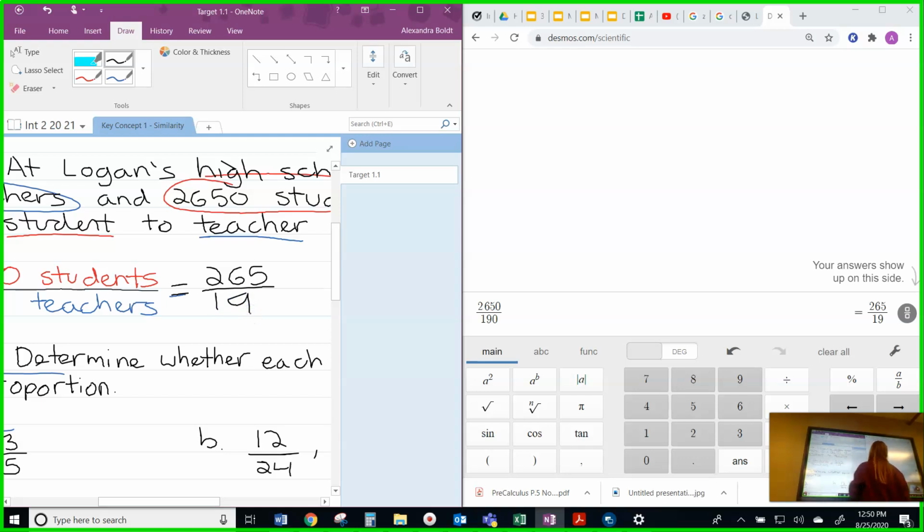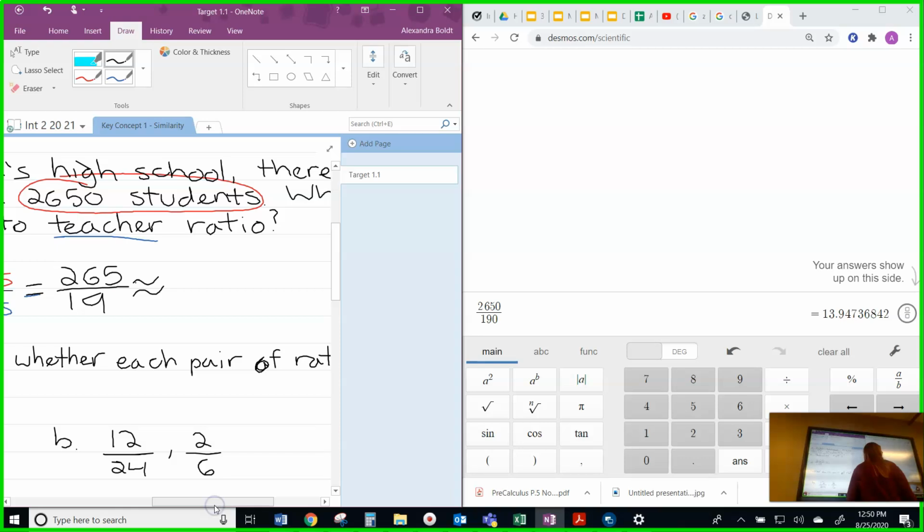But if I get it as a decimal, that's fine too. I'm going to say it's approximate, if I'm rounding, so we use these squiggly lines. If the equal line is squiggly, it means it's approximate. And I'm going to round that 13.9 to 14.